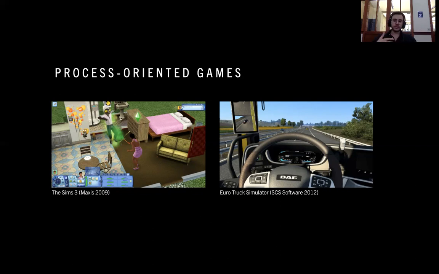And this mode of interactivity, which is very varied in these process-oriented games, does focus on the aspect that it's all about the process. It's all about the interaction itself that players enjoy, and therefore also evokes a certain kind of expectation towards these games as they provide a certain form of interactivity for players.